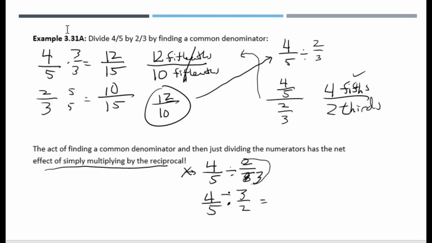And we know how to multiply. You multiply the numerators, and you get 12/10. So look, going through all this work, I could have shortened this original problem to this and done it. But now we're going to prove that that is actually a fact.